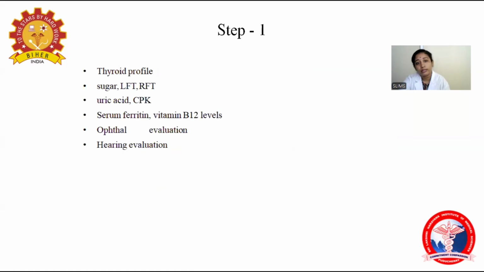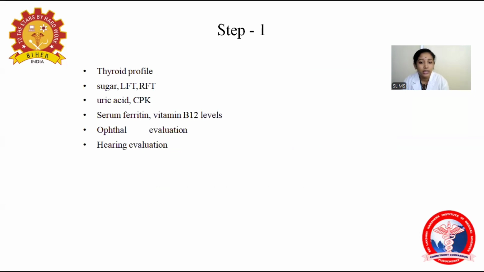Next, after taking a proper history and performing a proper CNS examination, we will move to step one of investigations. In step one, we will perform a thyroid profile, random blood sugar or a fasting and a postprandial blood sugar, liver function and renal function tests, uric acid, creatine phosphokinase. Creatine phosphokinase is for muscular dystrophies, myopathies.